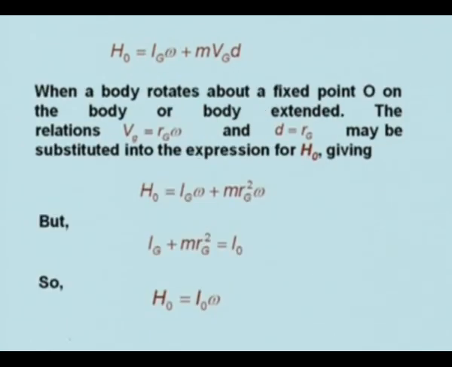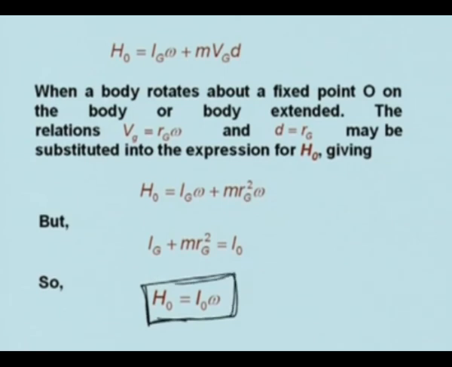So therefore we can write HO is equal to Ig omega plus M Vg into d, and when a body rotates about a fixed point O on the body or body extended, the relation Vg is equal to Rg omega and d is equal to Rg may be substituted into the expression for HO, giving HO is equal to Ig omega plus M Rg square into omega, but Ig plus M Rg square is equal to IO. Therefore HO is equal to IO omega.